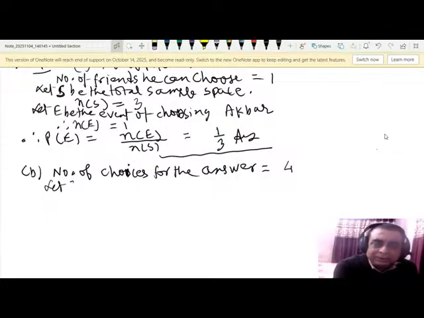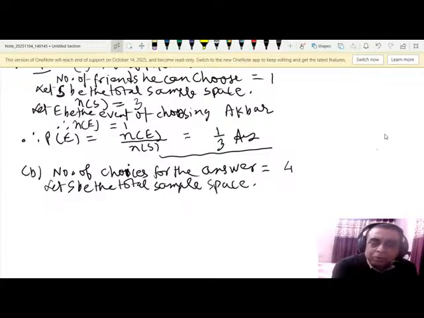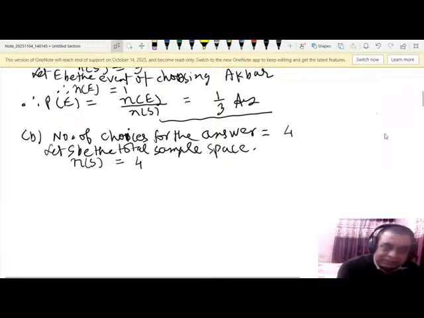Let S be the total sample space, that is, the number of ways of making any one choice. Out of the four given choices, he can choose any one, so n(S) is 4, all possible outcomes.